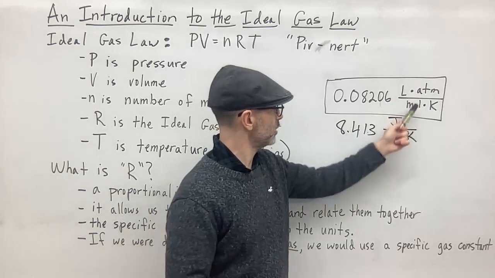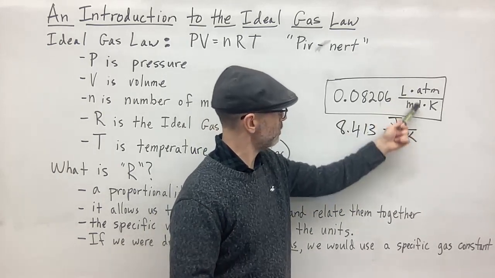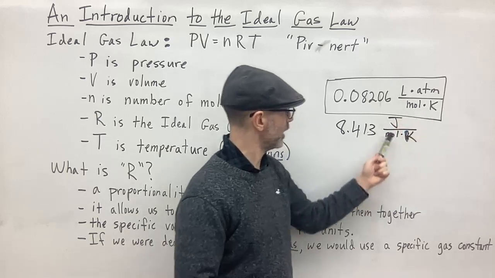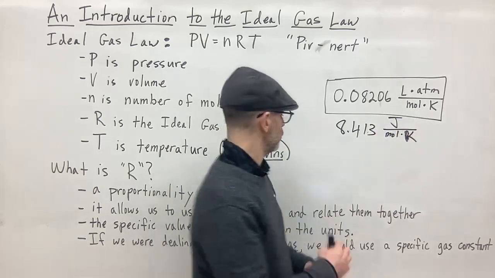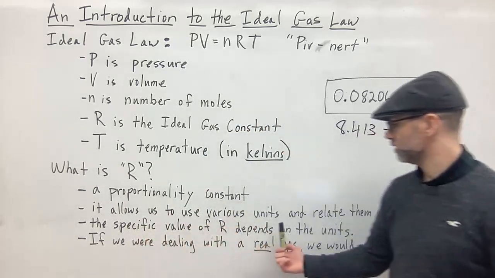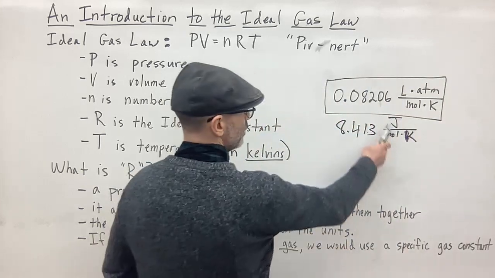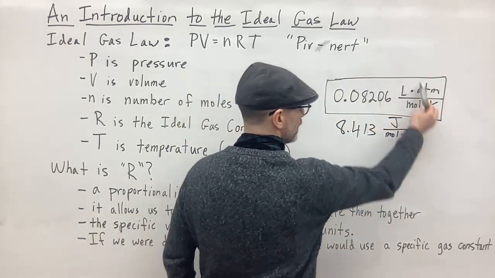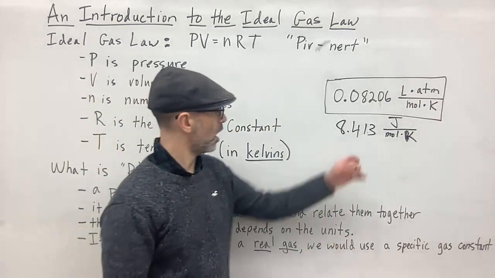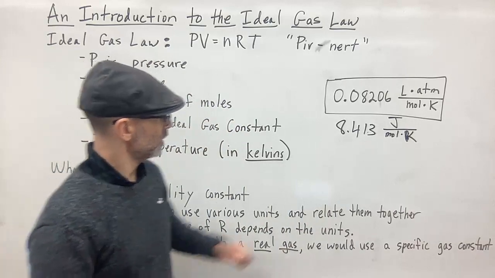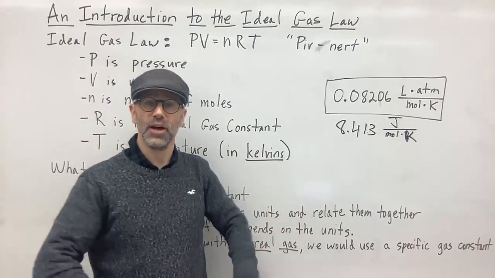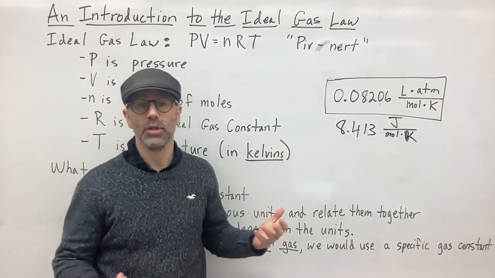Now here you can see it's proportional. It's a division, right? Liter atmospheres over mole Kelvin. Here it's joules over mole Kelvin. So this is a proportionality constant, and it allows us to use various units and relate them together in our gas law. If we had perfect units, then we wouldn't need this constant, but we don't have perfect units.